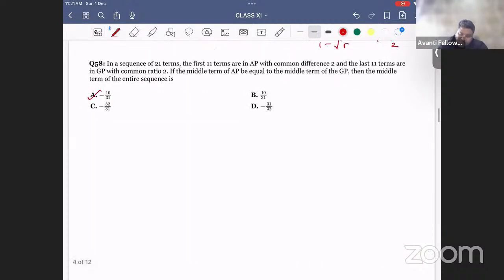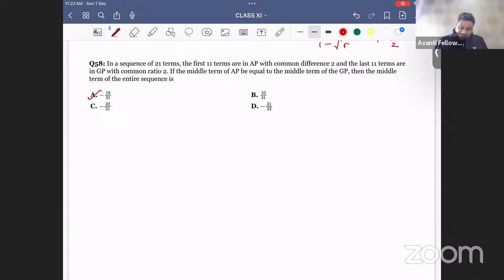Now, the next question is, in a sequence of 21 terms, the first 11 terms are in AP with common difference 2, and last 11 terms are in GP with common ratio 2. If the middle term of AP is equal to the middle term of GP, then the middle term of the entire sequence is. Now see, 21 terms.